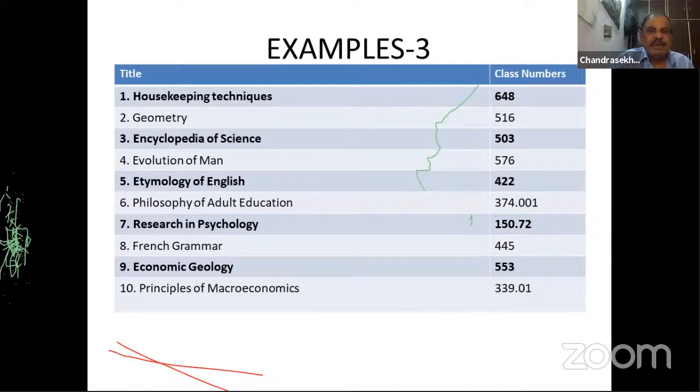I have prepared the answers here. 339.01, so philosophy, theory and principles both come to the same point. For theory, you can give 01. Okay.